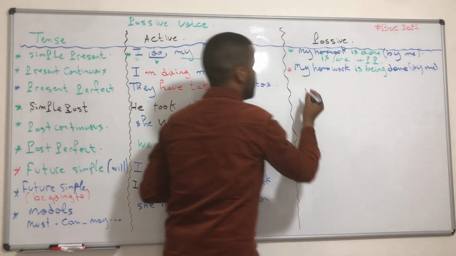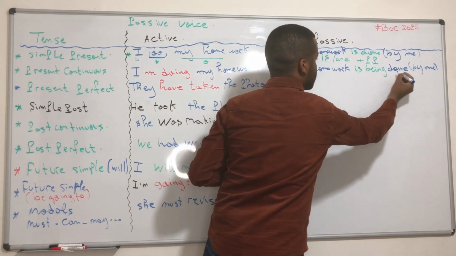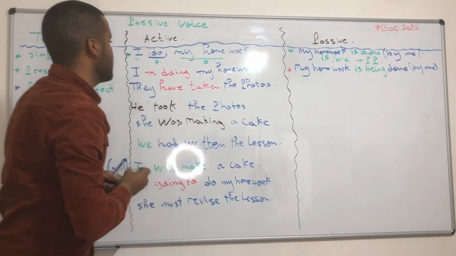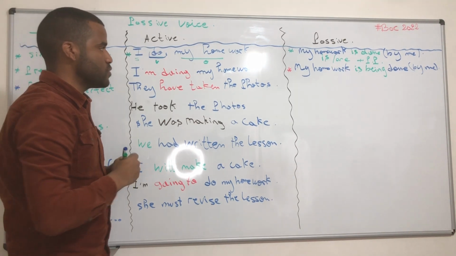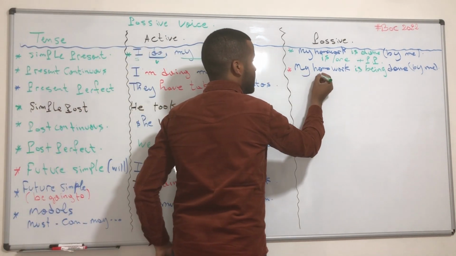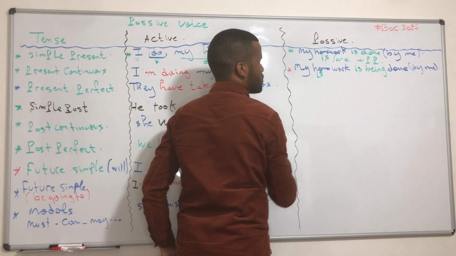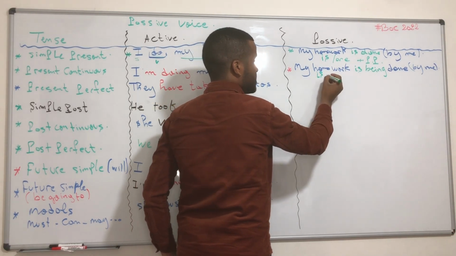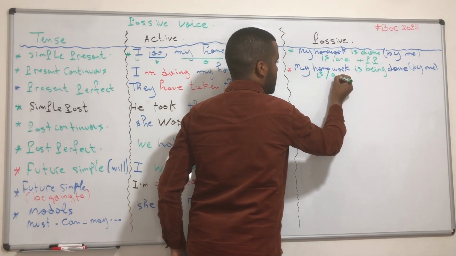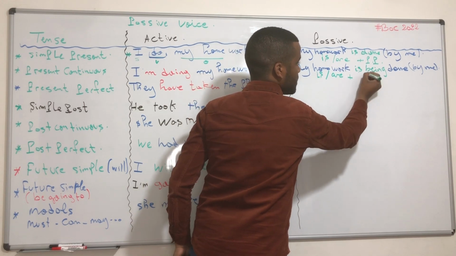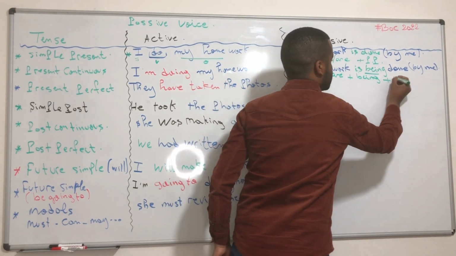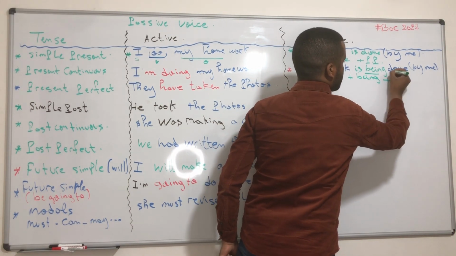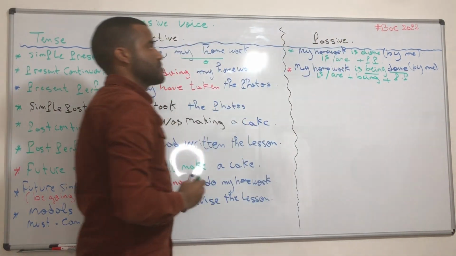So we have: my homework is being done. Means if we have present continuous in the active, we are going to follow this rule: we conjugate the verb to be in present continuous, is or are plus being, plus the past participle of the verb, here done.